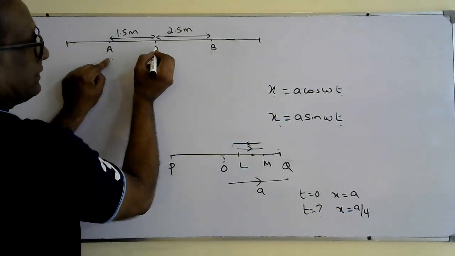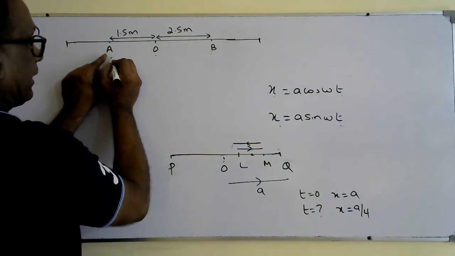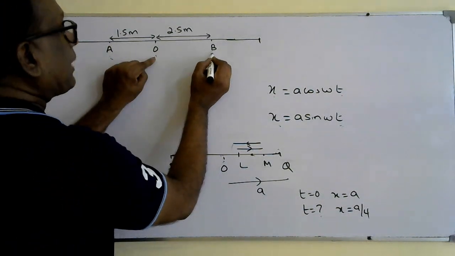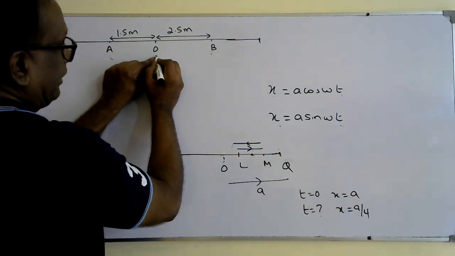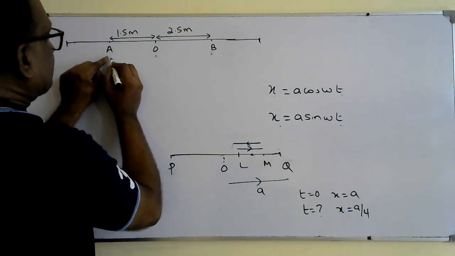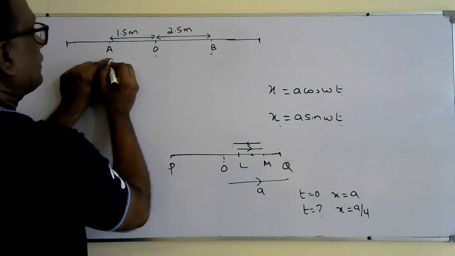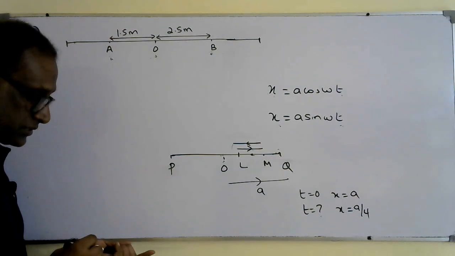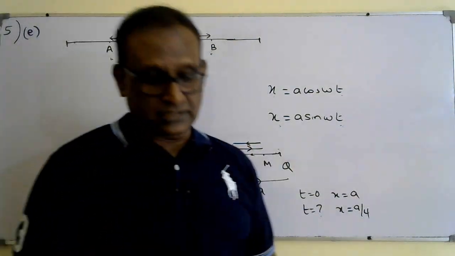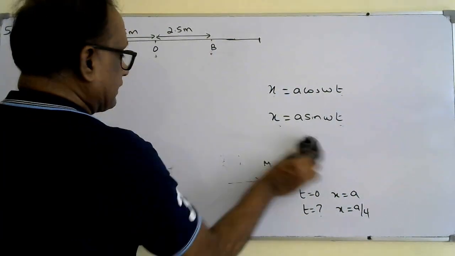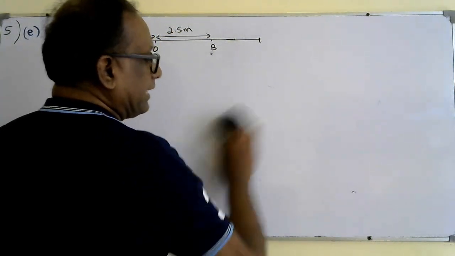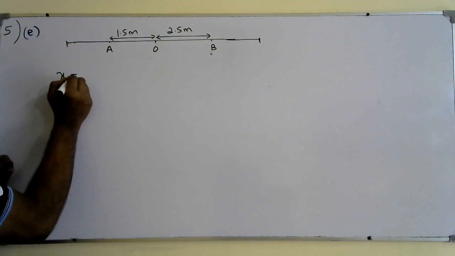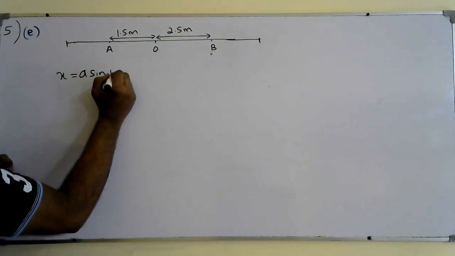The time to travel from O to A is same as A to O. Same way, the time taken to travel from O to B is same as B to O, but anyway, we need to find O to B. So the time taken to travel from A to B is same as the time taken to travel from A to O plus the time taken to travel from O to B. So we'll use the sine equation, not the cos here. So x equal A sin omega t.